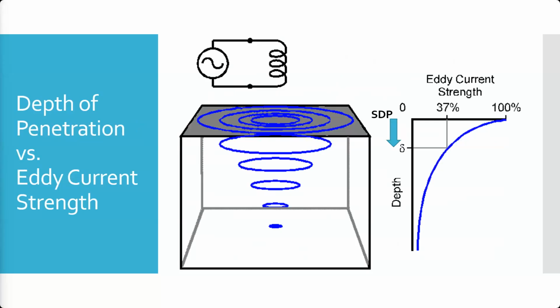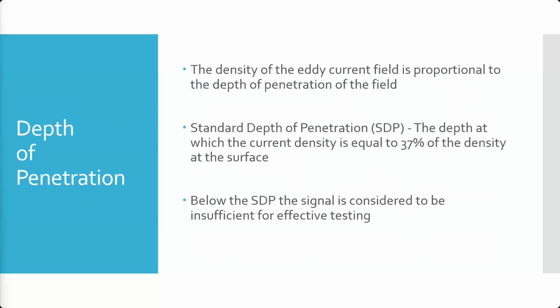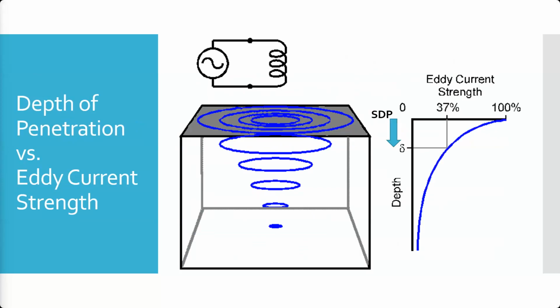The point where our strength has been reduced by 37 percent. Anything above that, so anything up here, we have a strong enough view, so to speak, that we can effectively find flaws. Anything below that 37 percent, because our strength drops off so much, we can't effectively find what we're looking for.